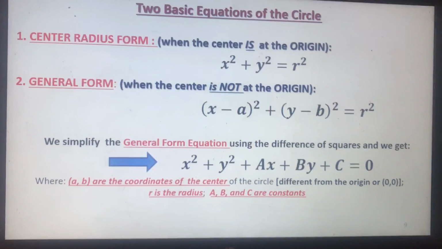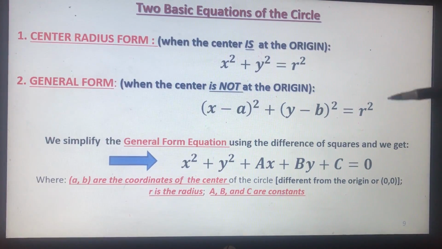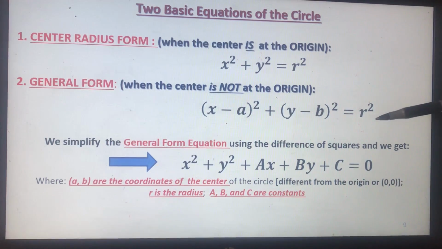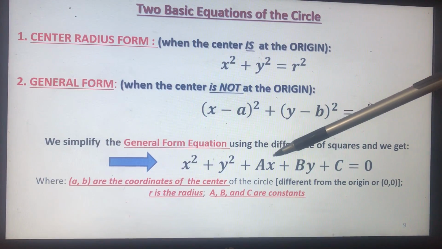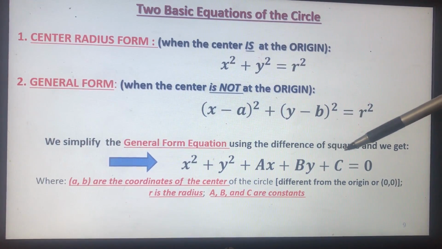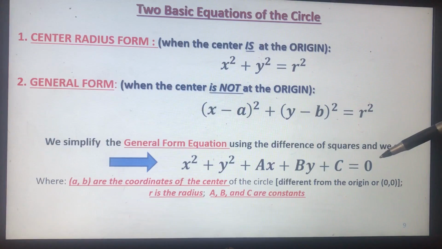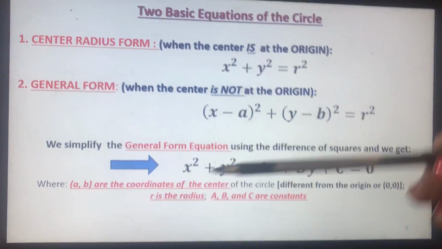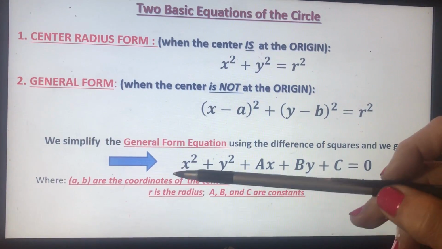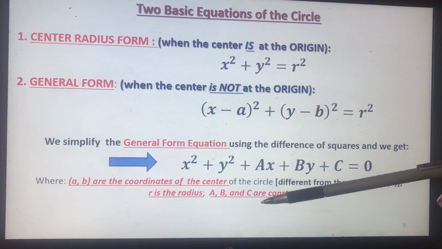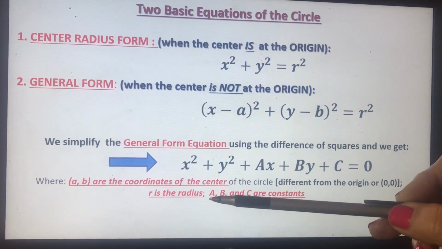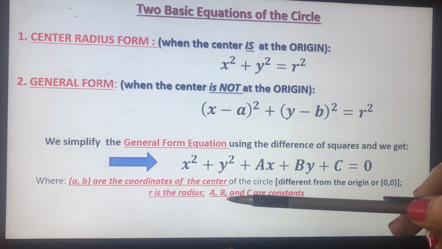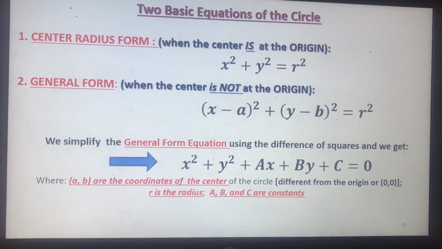If we simplify this using the difference of squares as we did in algebra, we get x squared plus y squared plus ax plus by plus c, which is a constant, equal to 0. Here a and b are the coordinates of the center of the circle, which are different from the origin (0, 0). R is the radius, and a, b, and c are constants.